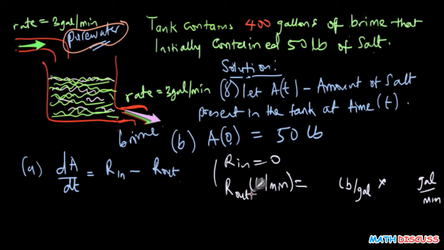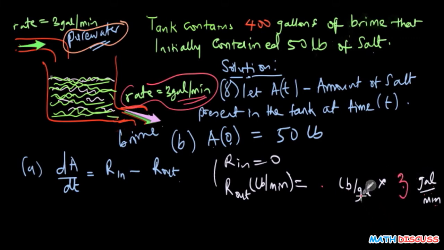What we mean here is that the rate at which the salt is leaving, in pounds per minute, equals the concentration of salt in the tank, per gallon, times the rate at which the solution itself is leaving the tank, not the salt now. We need to fill this place and this place. We are given that the rate at which water is leaving equals the rate at which the solution is leaving, which is 3 gallons per minute. You have gallons per minute here and gallons per minute here, so fill this space with 3.